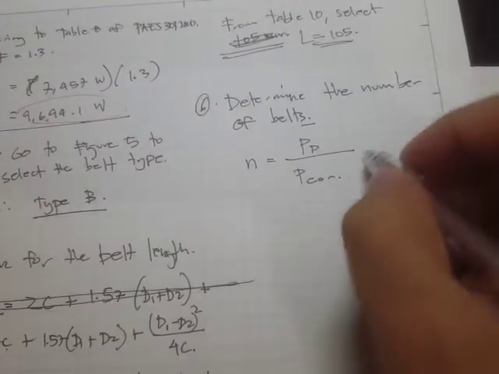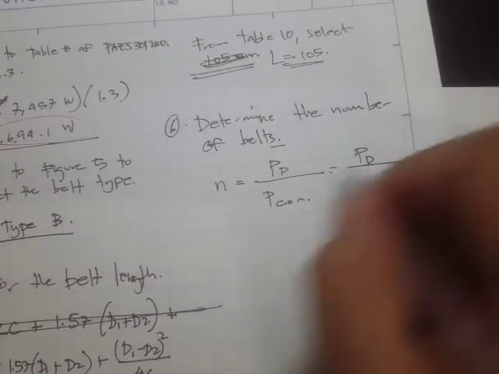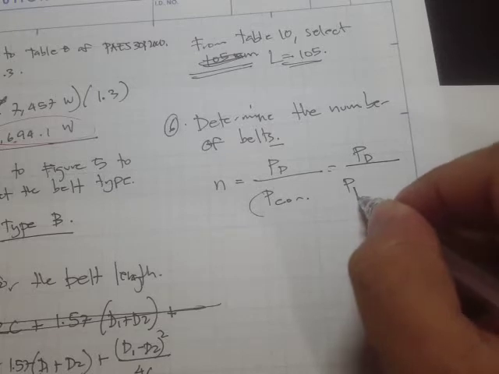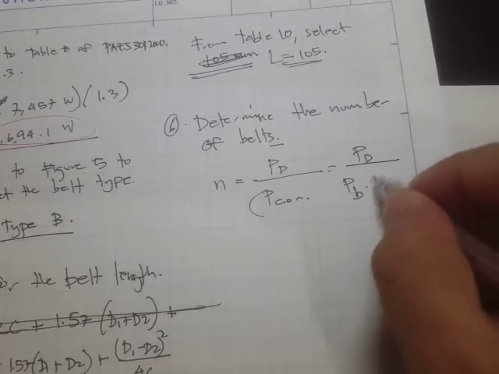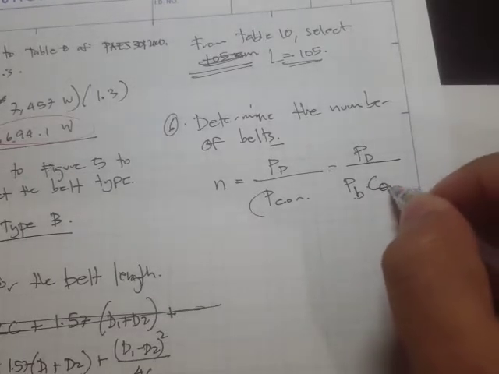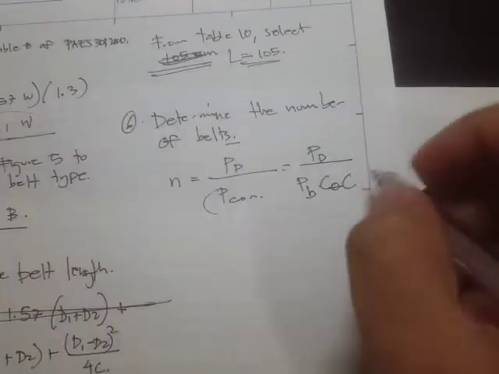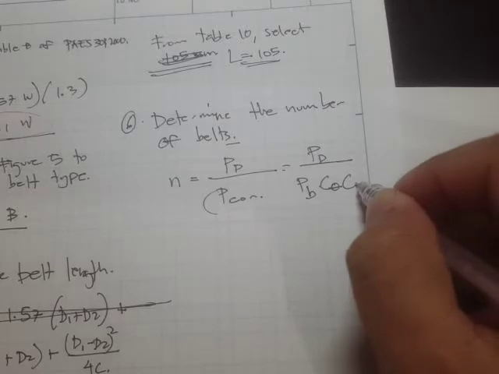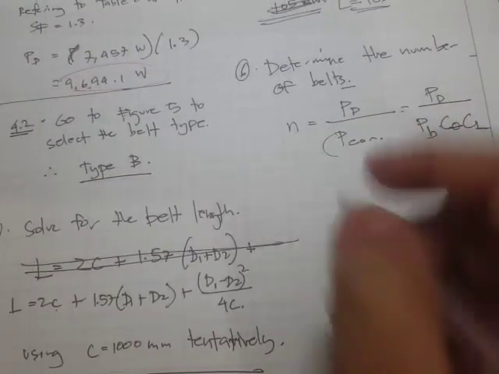Okay, which is just equal to the power capacity of the belt, that's P sub B, times the correction factors for the arc of contact, and then the correction factors for the belt length. Okay, so let's find PB first.